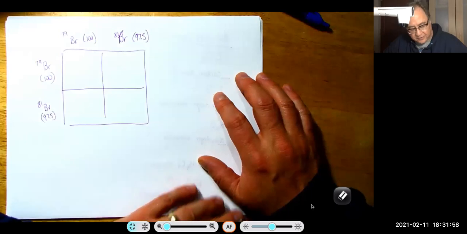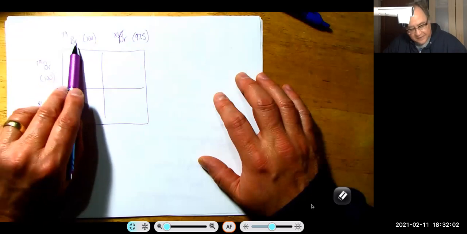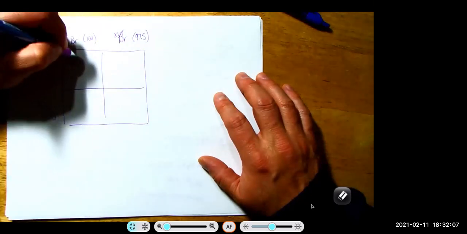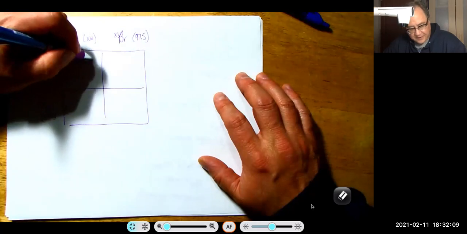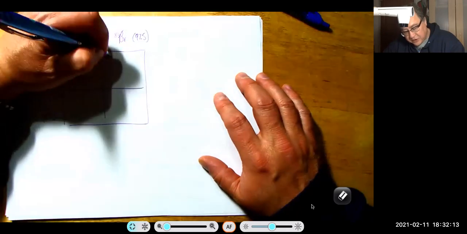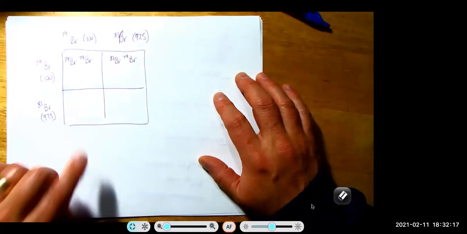So this box is a 79 and a 79, so I'm going to put 79, 79. This box is an 81, 79. You can see I'm doing the top one first.